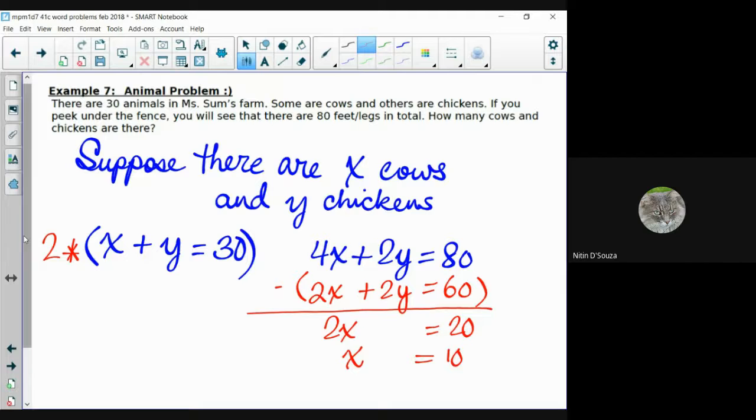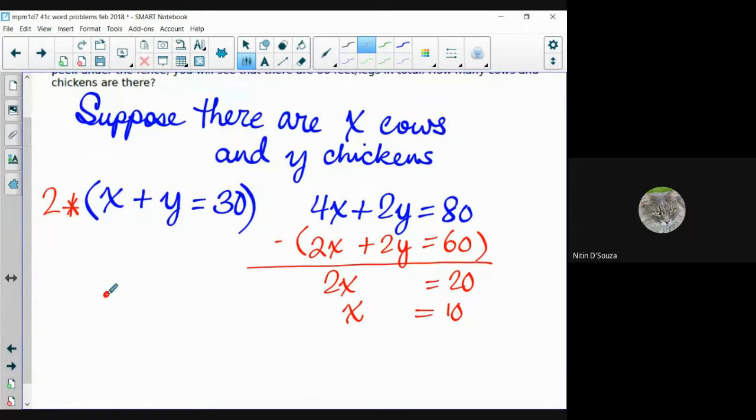So 10 cows and 20 chickens. These are just the regular cows, not the ones they used to make lean beef. Those cows have 3 legs.